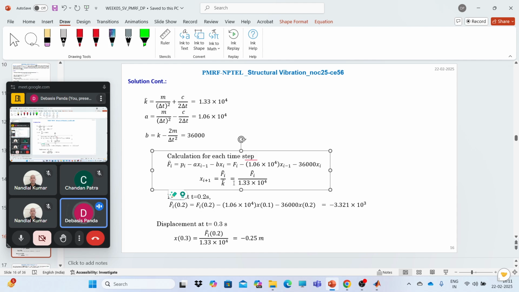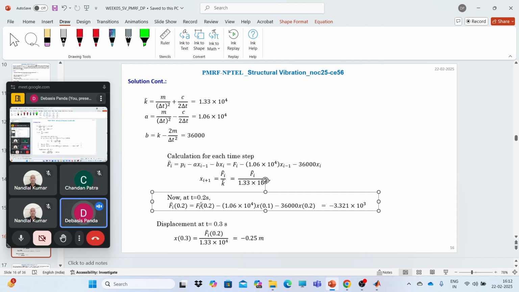So what we need to find out in the question is the response at 0.2 seconds. So for 0.2 seconds, first we need to calculate the Fi. So F at 0.2 seconds uses this x at 0.1, because i minus 1 is the previous time step, and x of i, that means at 0.2.